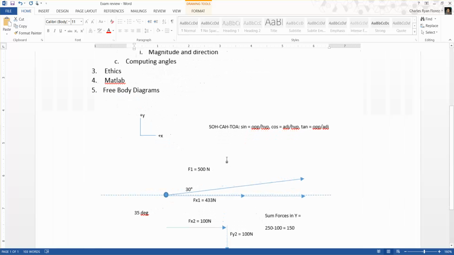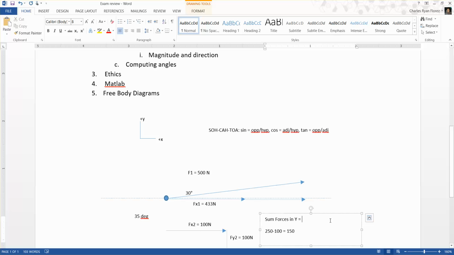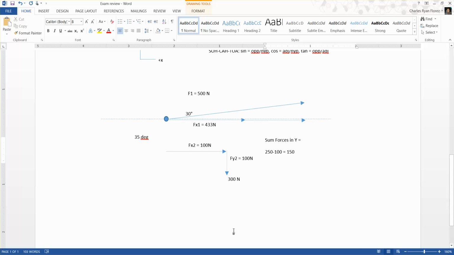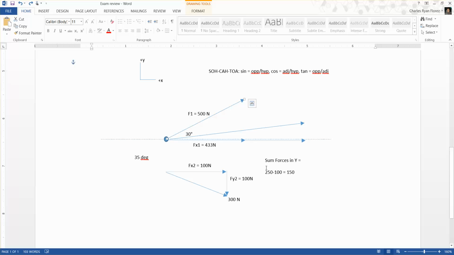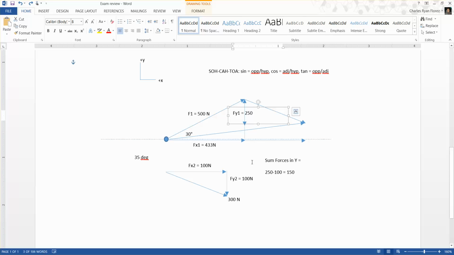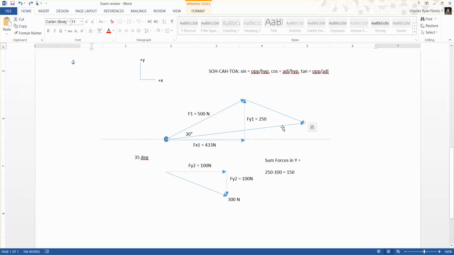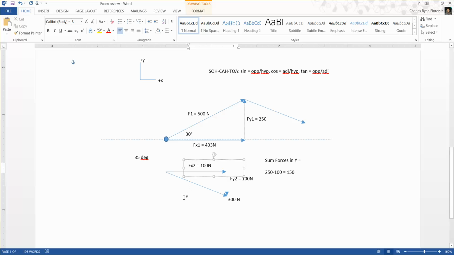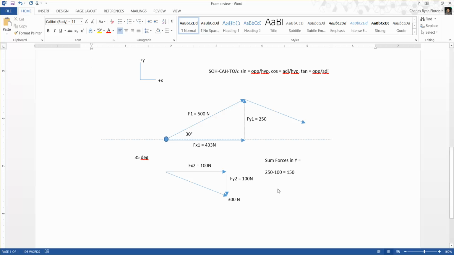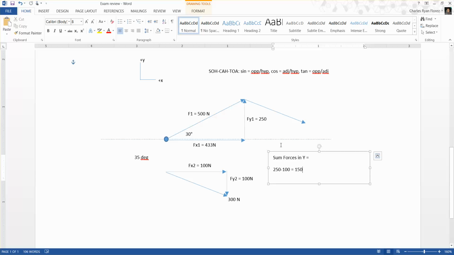Okay, so once you've solved for all this stuff here, for fy1, fx1, fy2, and fx2, then to find the resulting magnitude you'd sum forces in y, and sum forces in x.